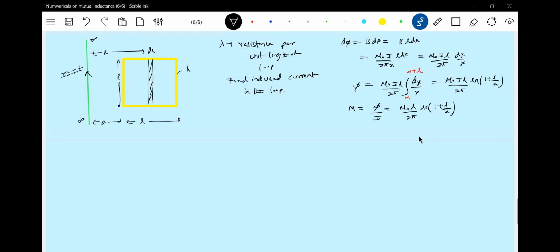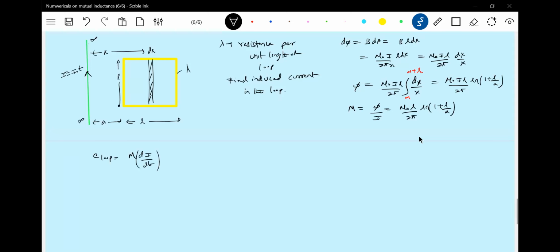We have to calculate the induced current. So what is the formula for induced current in the loop? The induced EMF in the loop should be equal to M into di by dt. What is M? M is the mutual inductance.